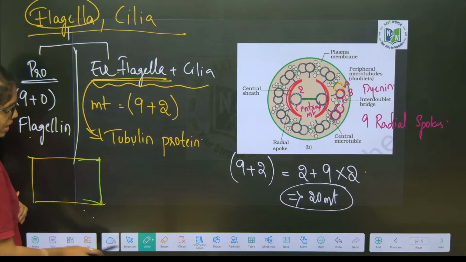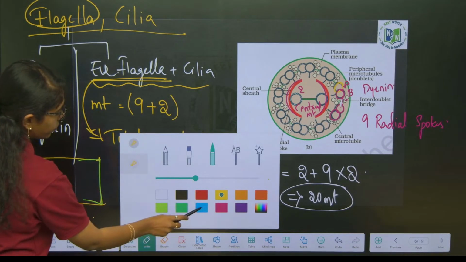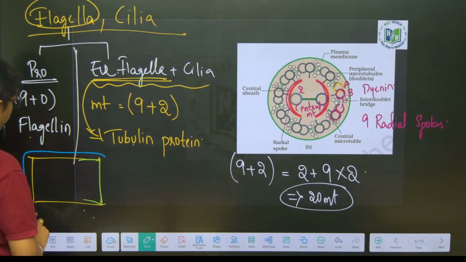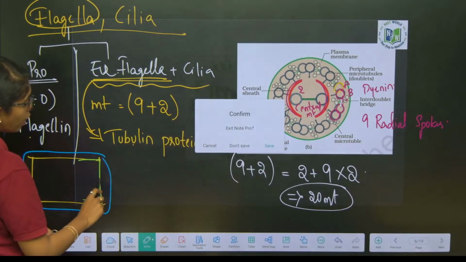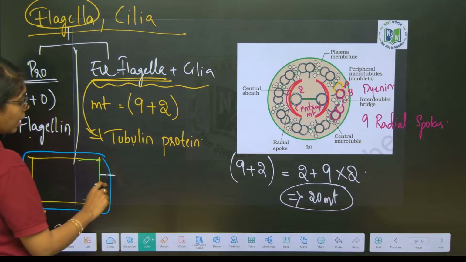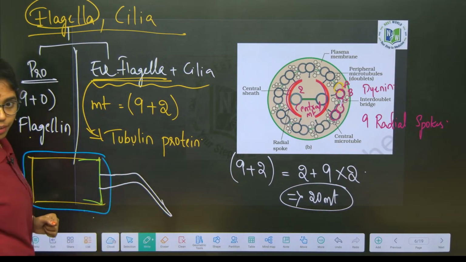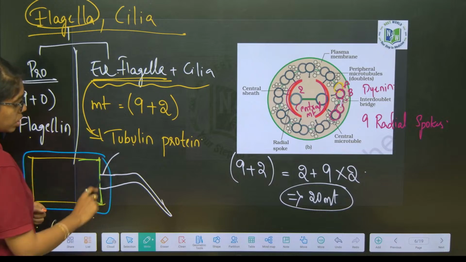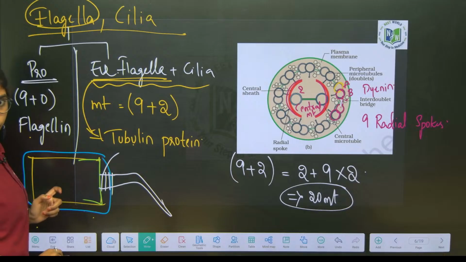Let us suppose this is cell membrane. Cell membrane is coated by what? Cell wall. So, flagella and cilia are originating from cell membrane. They are originating from cell membrane and they are extensions of the cell wall. Fine. So, here at originating from cell membrane, they will be having rings, LPSM rings we will be saying.